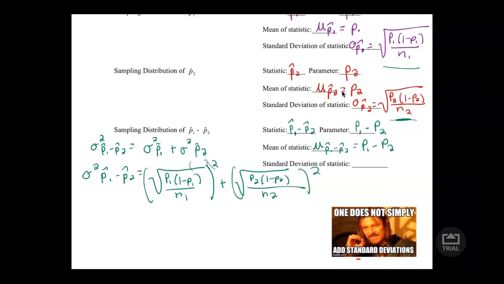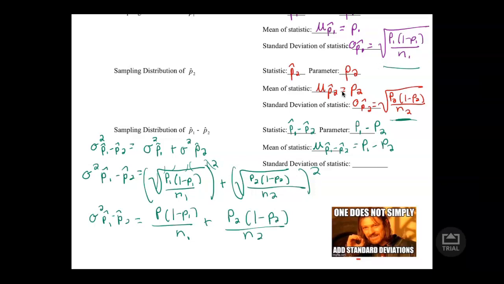Now what happens is the squares and the square roots cancel out, so our variance is really equal to p1 times 1 minus p1 all over n1, plus p2 times 1 minus p2 all over n2.